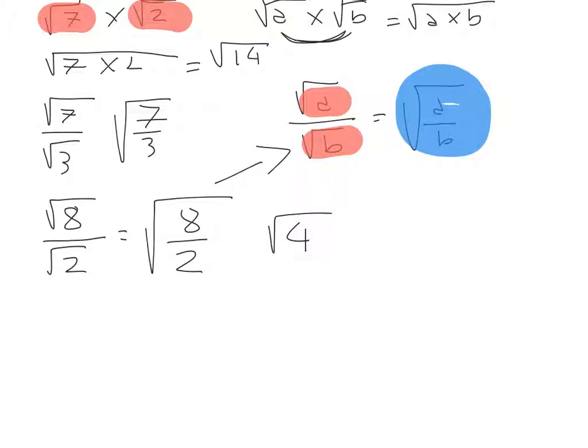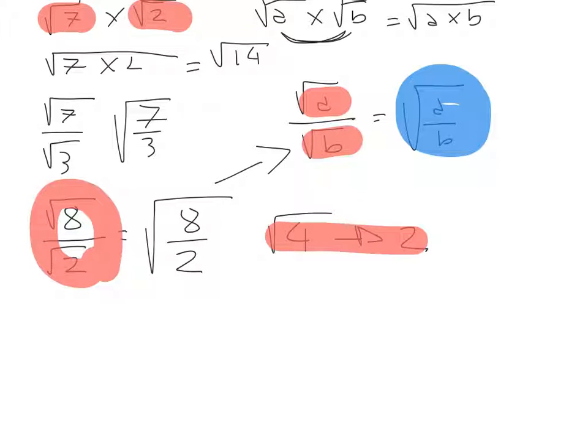So if I put 4 under a square root, I know it is 2. So you see, we can pass from something that looks very complicated to something that is quite simple. So remember this property of the square roots, because you will need it all over again during these years.